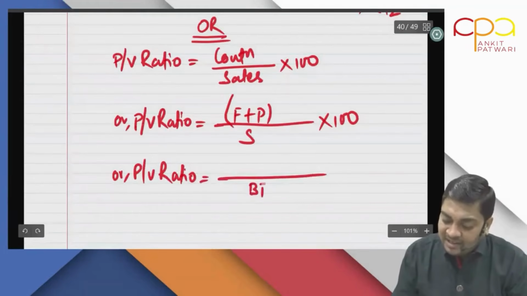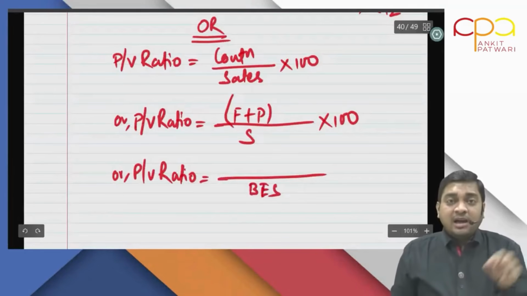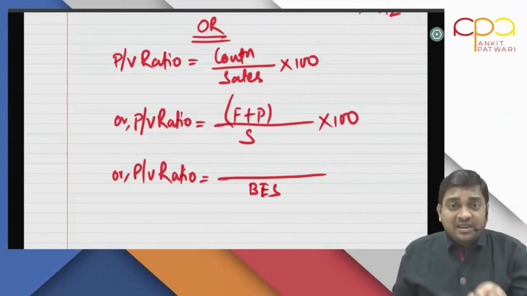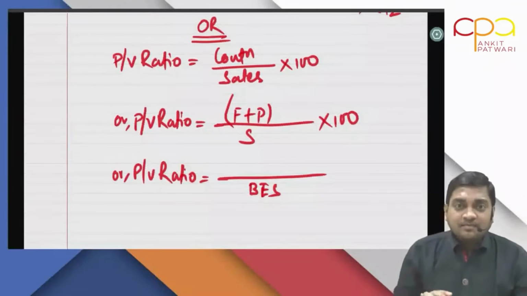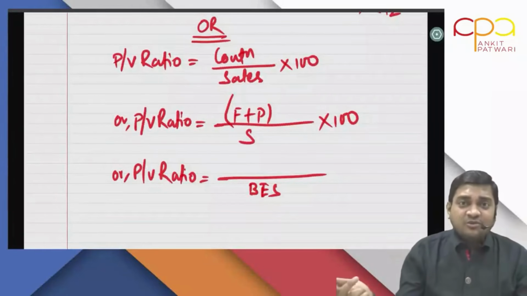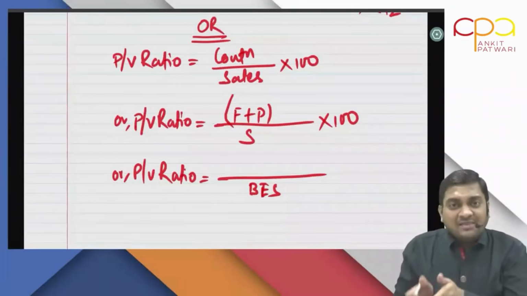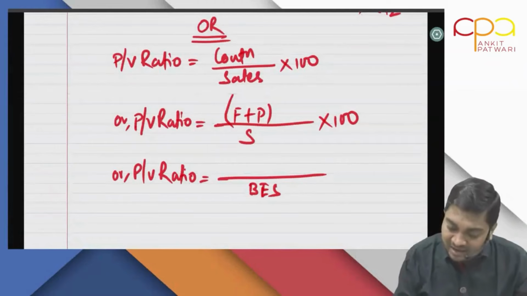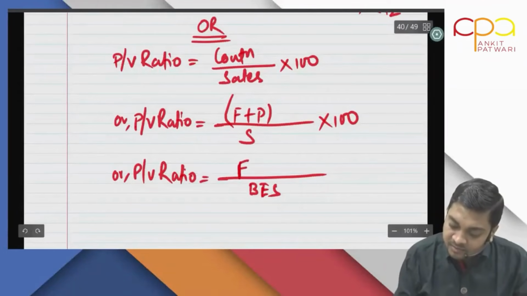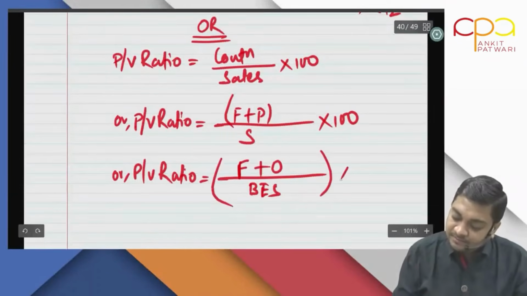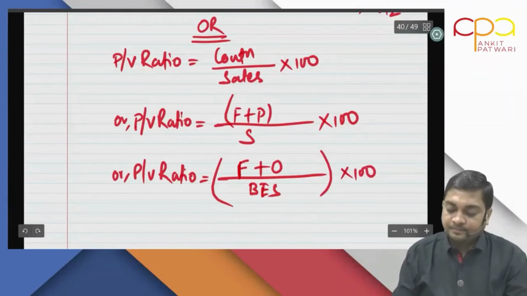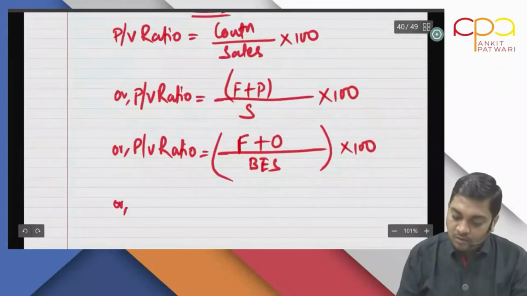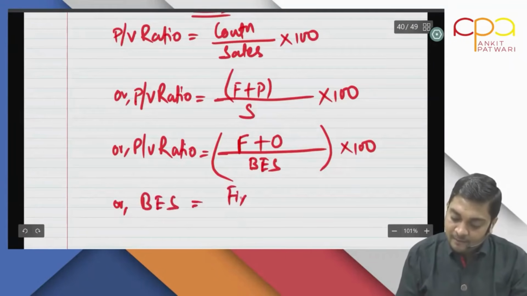If the denominator is break even sale, because I told you, this PV ratio is constant for all levels of sale, meaning I can use it at any level of sale. So for break even sale also this PV ratio can be used. So if the denominator becomes break even sale, then it will be like this.